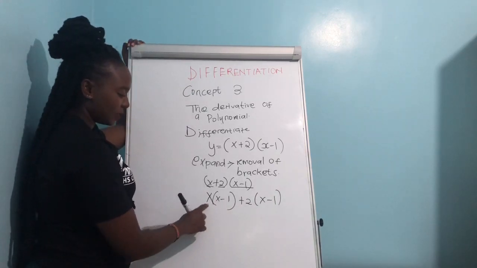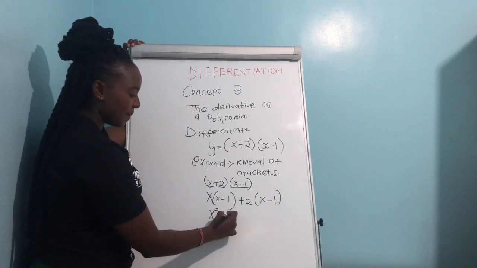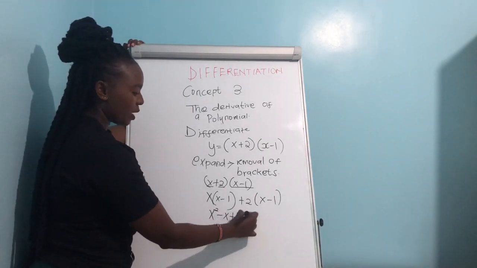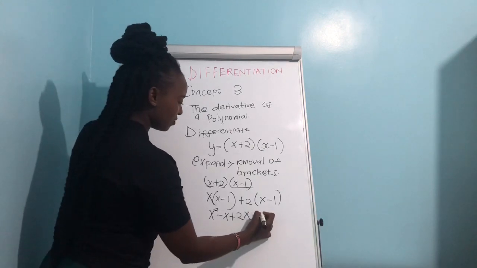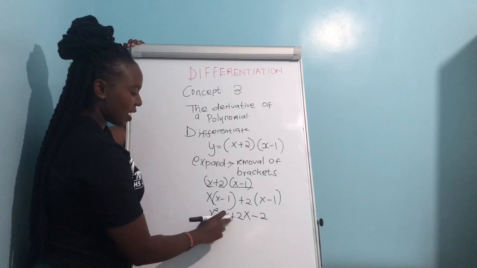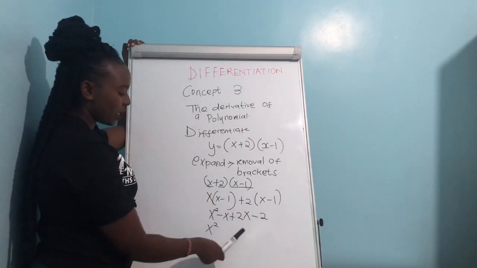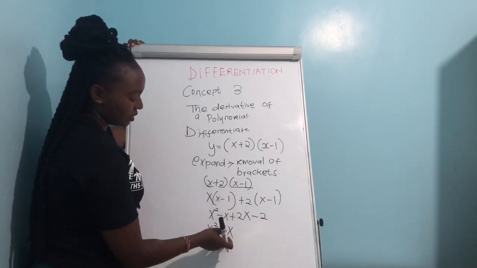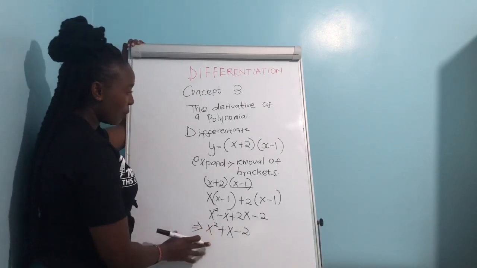Now you open the bracket: x times x, x^2, x times -1 is -x, plus 2 times x is 2x, plus 2 times -1 becomes -2. So x^2, -x + 2x, this is -1 plus 2x becomes positive x, and then -2. So this is now our polynomial.